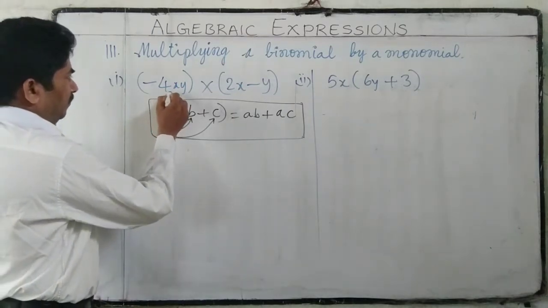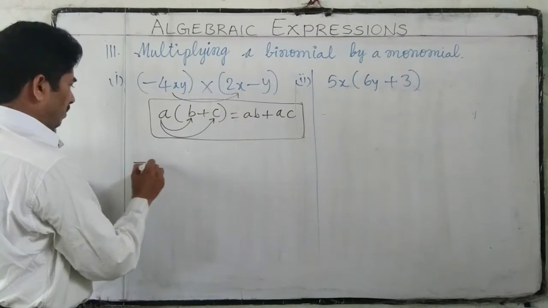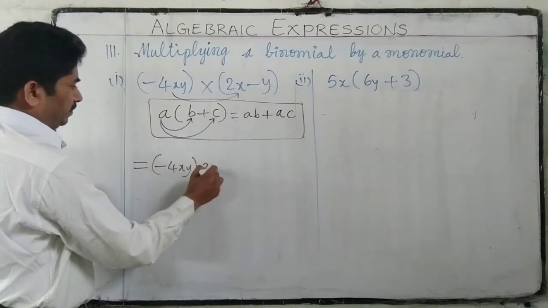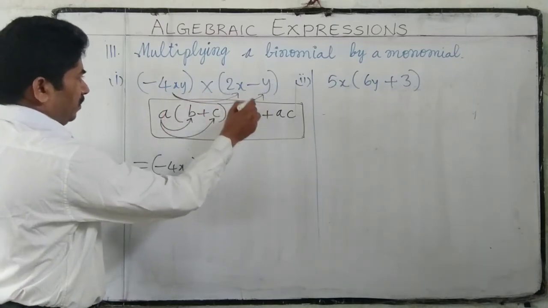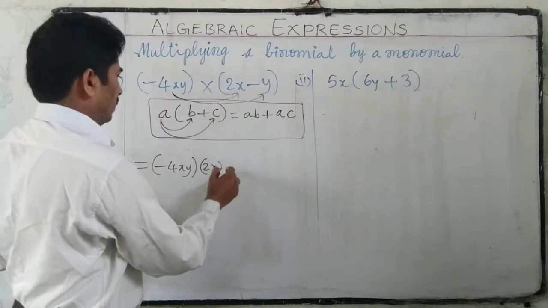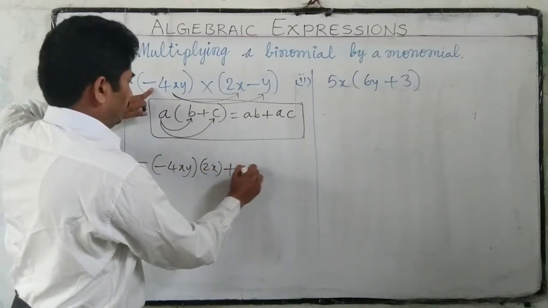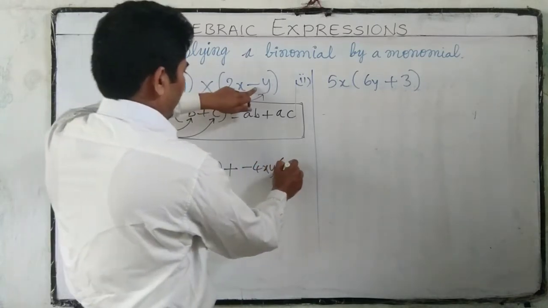So 4xy into 2x minus 4xy into 2x, minus 4xy into y, plus minus 4xy into minus y.